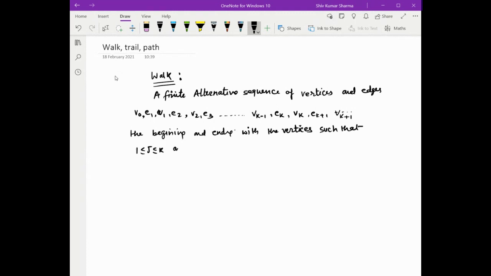And Vj are the beginning and ending vertices of the edge Ej.